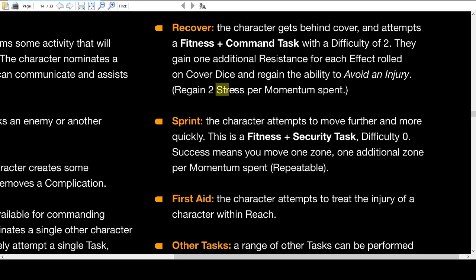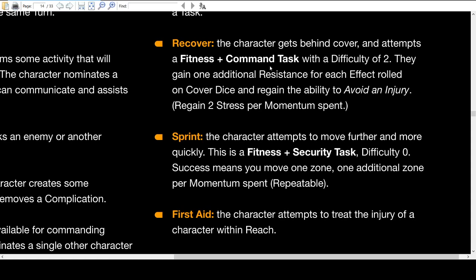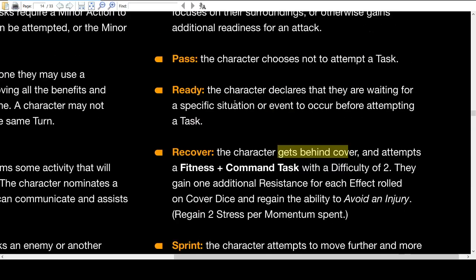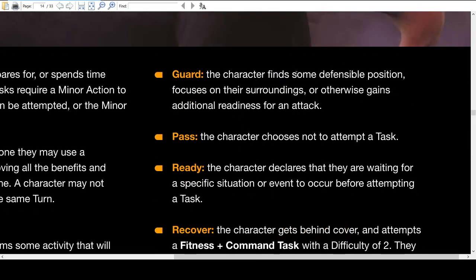And there's also the idea of stress per momentum spent, because that's indicating that this action is only useful when there is momentum being generated, unless the base effect is gaining additional resistance for each effect roll on cover dice. And interestingly enough, recover is a reference to getting behind cover, as well as guard is also a matter of finding a defensible position, which you could argue is not necessarily equal to cover.